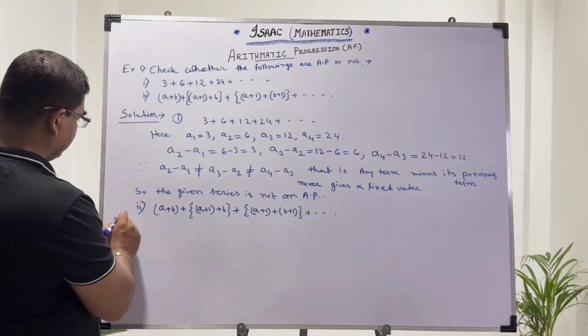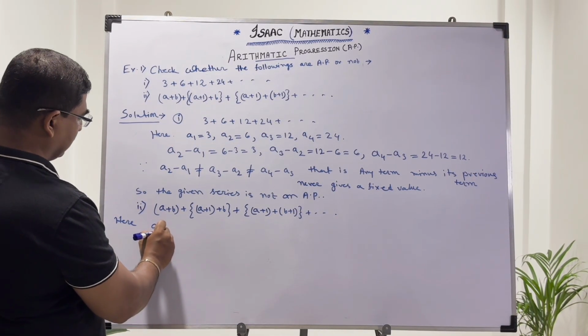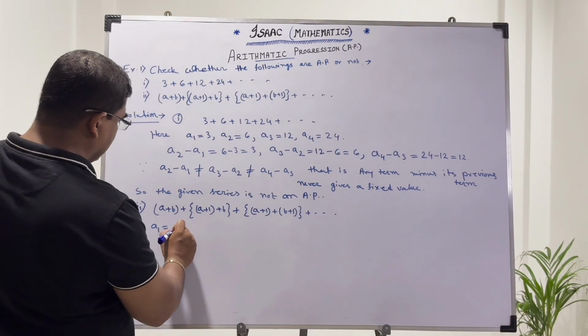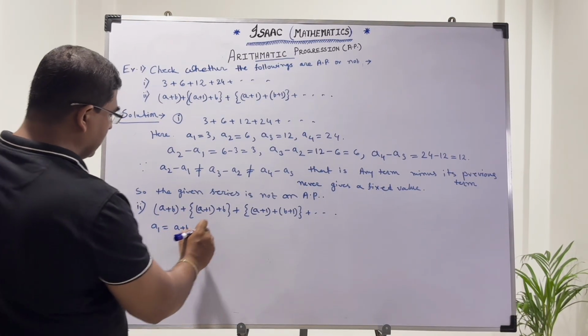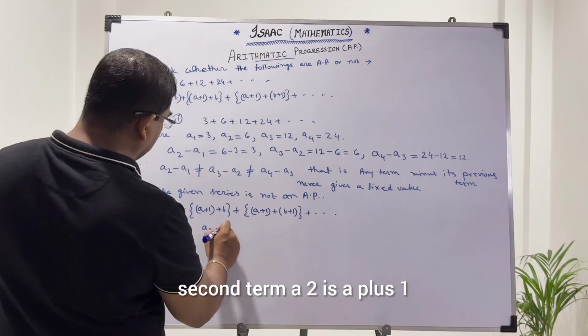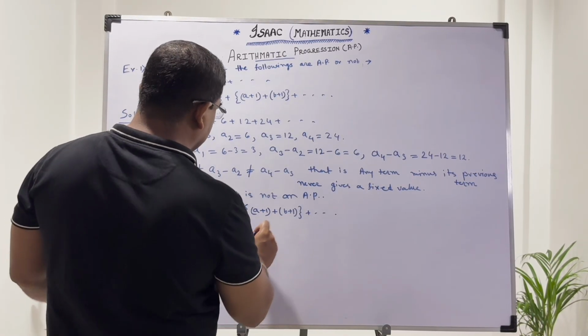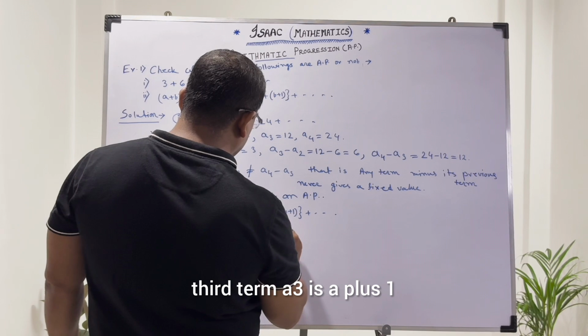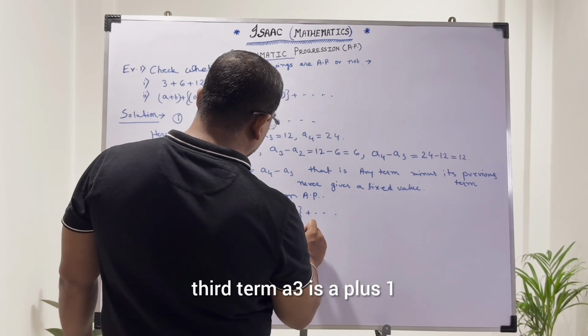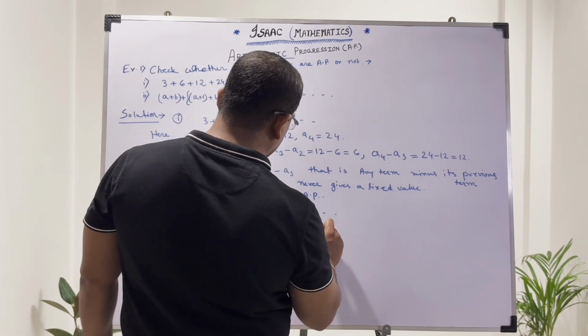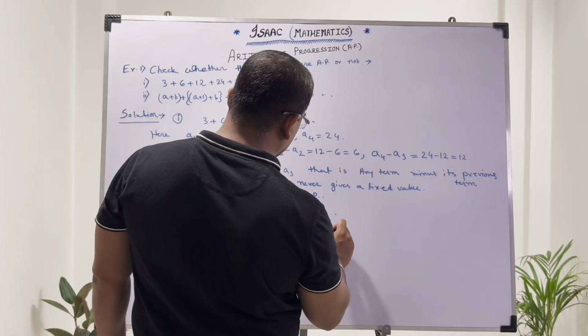So here the first term A1 is A plus B. Second term A2 is A plus 1 plus B. Third term A3 is A plus 1 plus B plus 1.